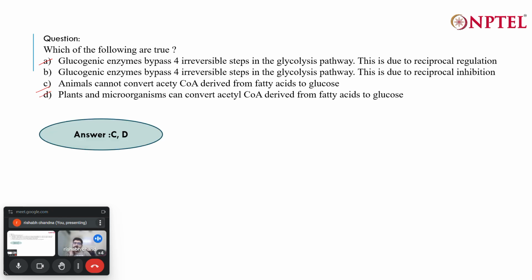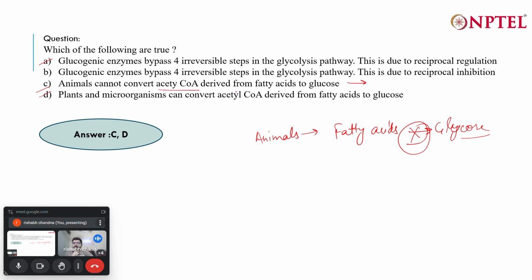Actually, option C, the animals cannot convert fatty acids to glucose because the glyoxylate cycle is not present in animals. That's why they will not be able to convert the acetyl coenzyme A derived from fatty acids to glucose.